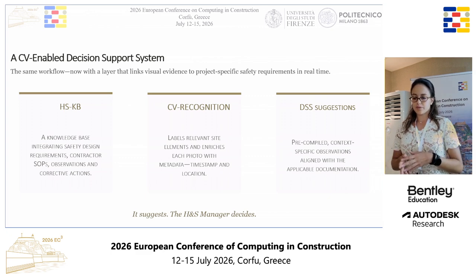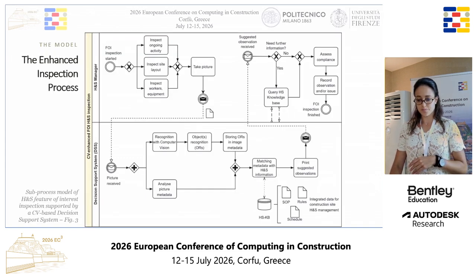Based on this information, the system prepares context-specific observation suggestions, and it is important to underline that the system only provides suggestions. It never decides whether an observation is compliant, partially non-compliant, or critically non-compliant. The final judgment always remains under the responsibility of the health and safety manager.